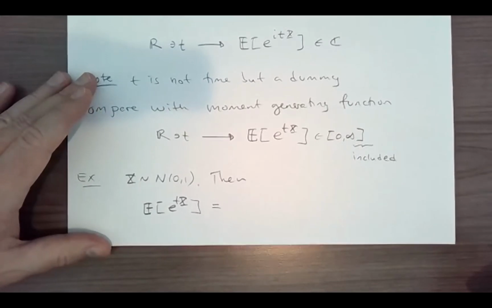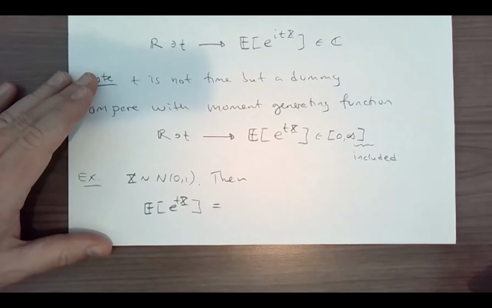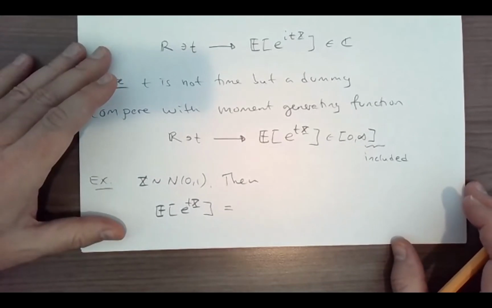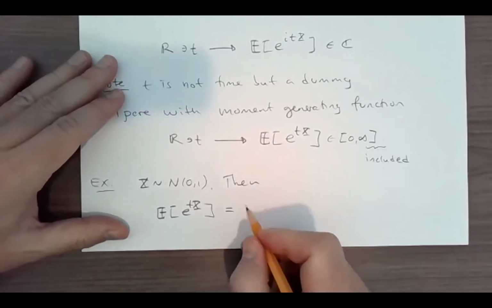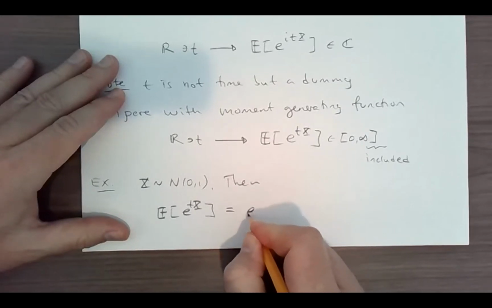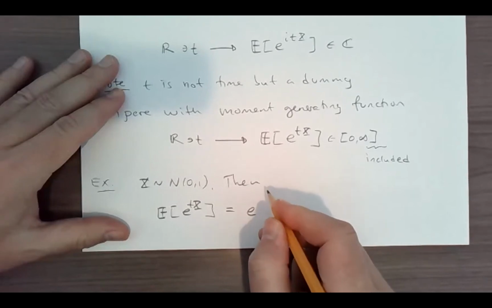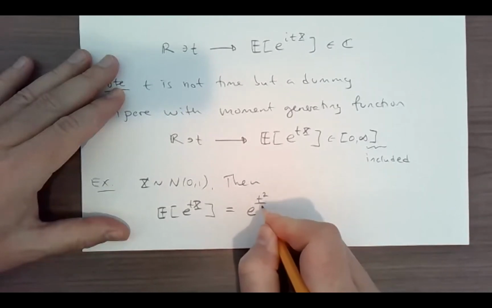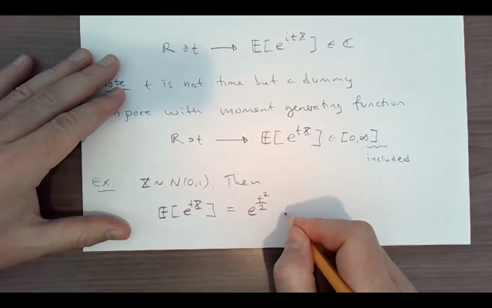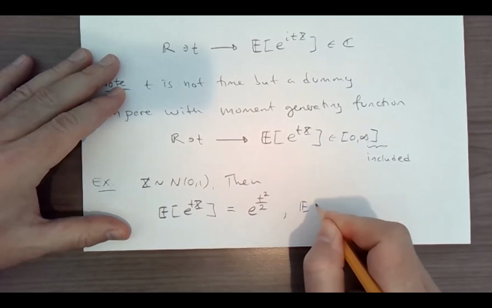Does anybody remember what that is? Yeah, Alice is saying e to the, so sigma is equal to 1, Alice, so it's going to be e to the t squared divided by 2. And does anybody remember what this one here is?